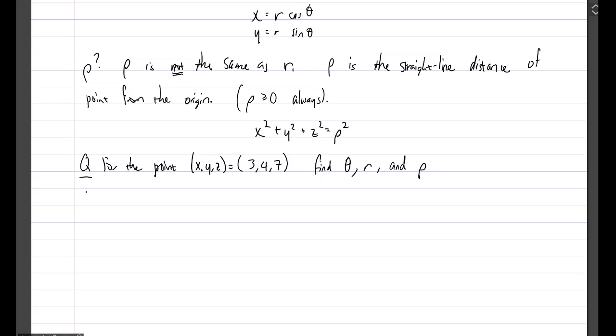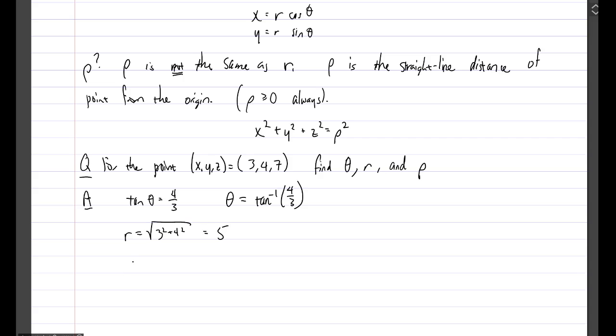There are technically lots of possible answers for theta and r, but the most natural one is to recall that tangent of theta is equal to y over x, so 4 over 3. One possible answer for theta could be the arctangent of 4/3. Then for r, remembering that r squared is equal to x squared plus y squared, r is the square root of 3 squared plus 4 squared, so root 25, which is equal to 5.